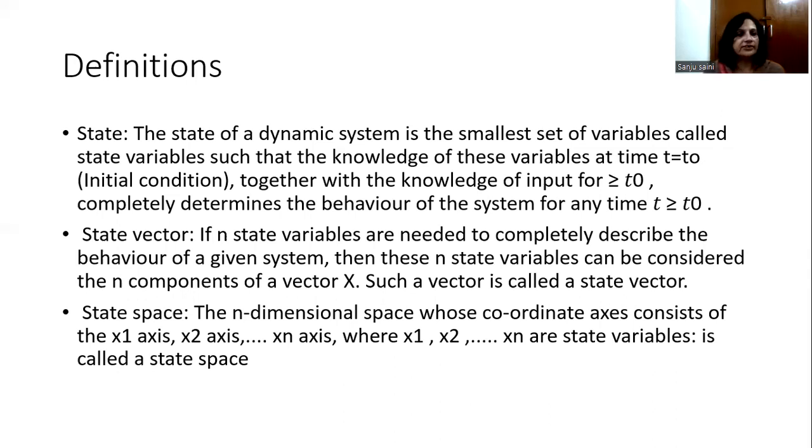State is represented with the help of a state vector, and state variables are chosen by us. Like in case I have a mass m to which the force F is applied, the state variables represent the state of the system at any time: what is the position of the mass at any time, and with what velocity it is moving.